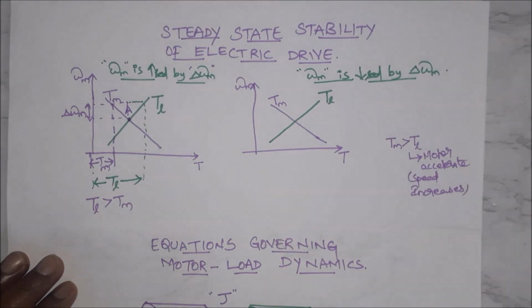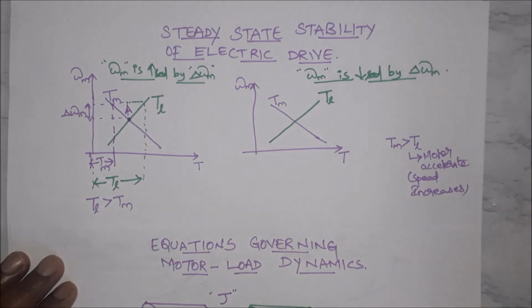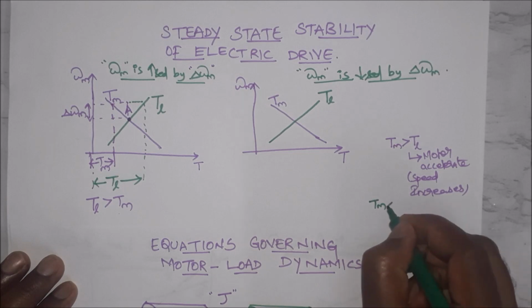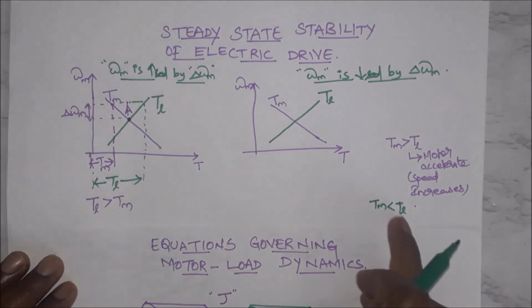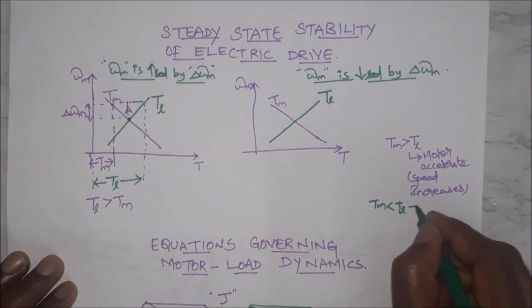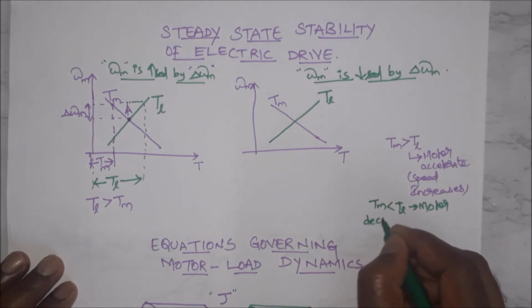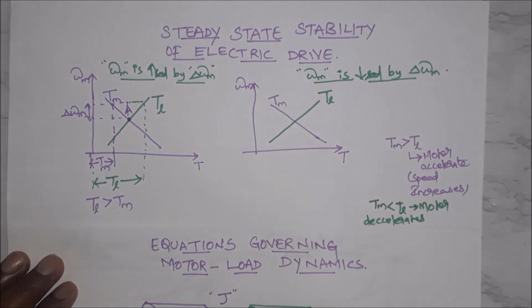If we consider the vice versa case, the opposite case, that means when your motor torque is less than load torque, that means when your load torque is greater than the motor torque, then your motor decelerates. That means your speed decreases.